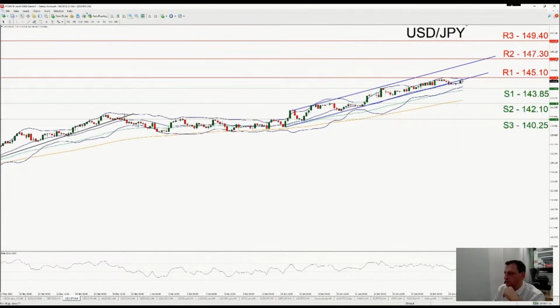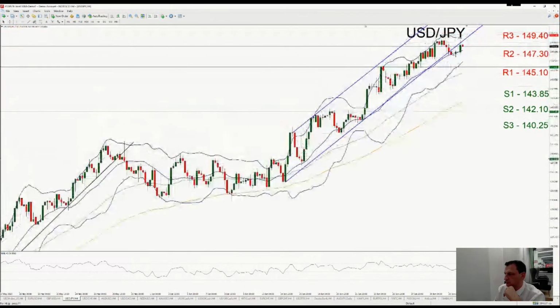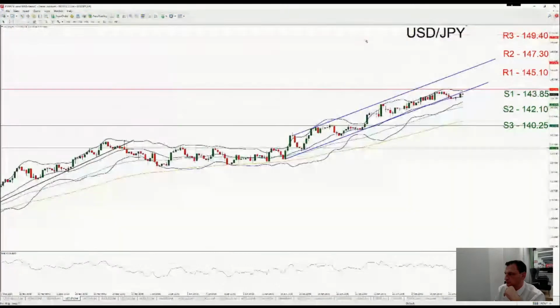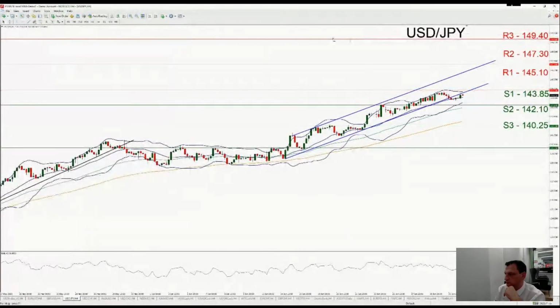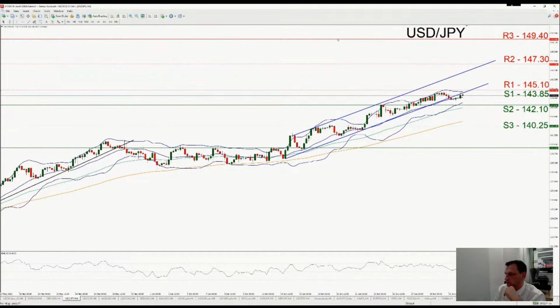Let me zoom it in. We have a number of issues here in play, which are interesting. I would be highlighting practically 3 though.